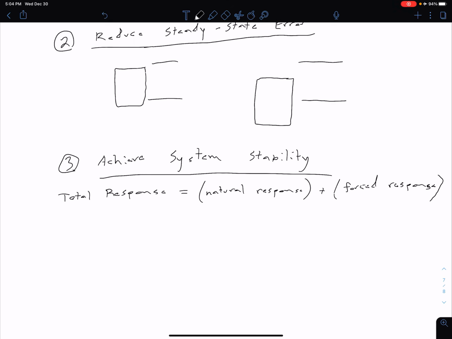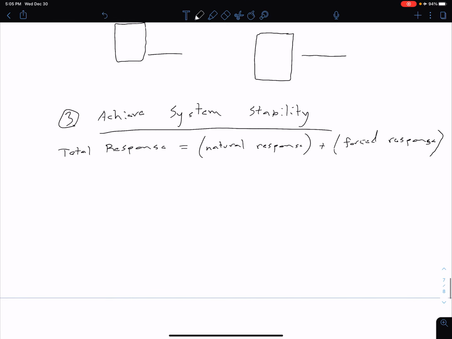Again, we're going to come back to this a little bit later, but if we want our system to be stable, then this natural response is essentially going to have to go away as time goes on. So for stability, our natural response needs to eventually decay to 0 or oscillate.